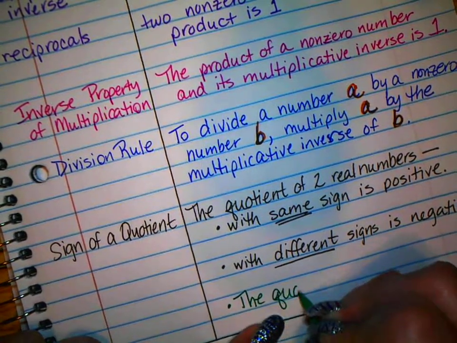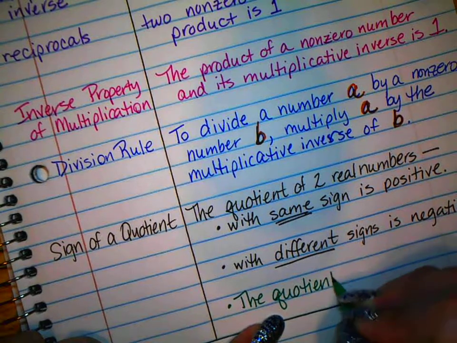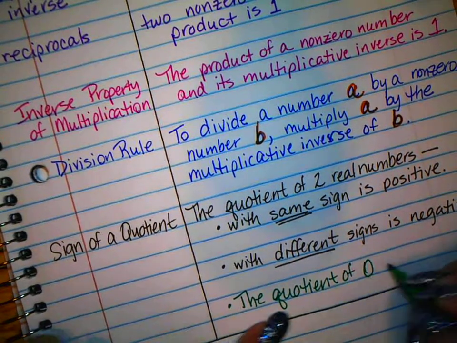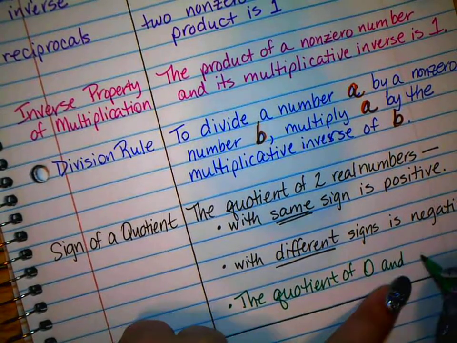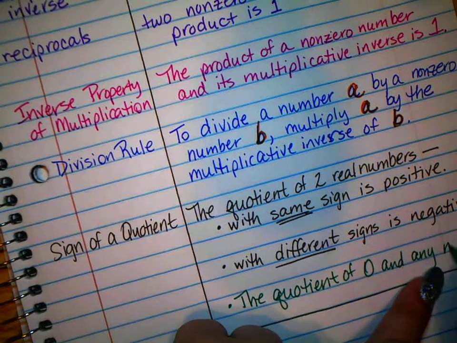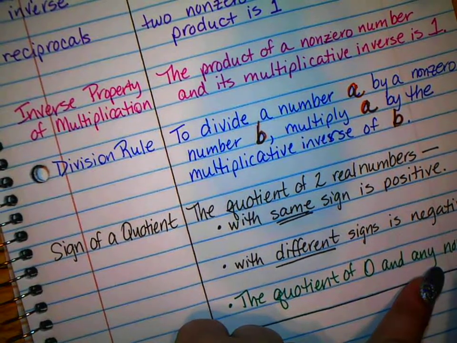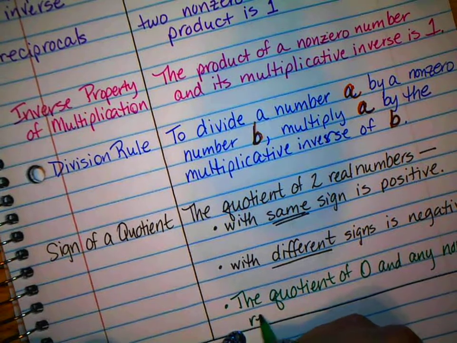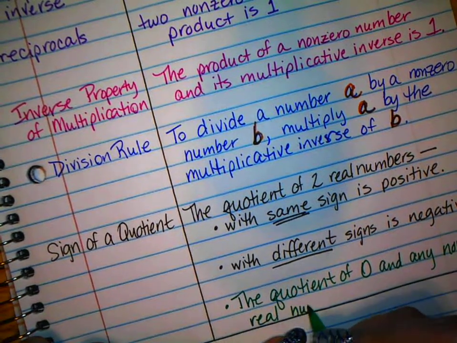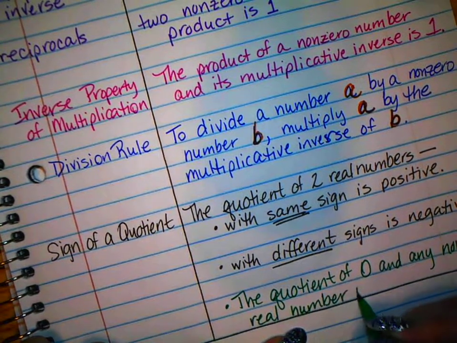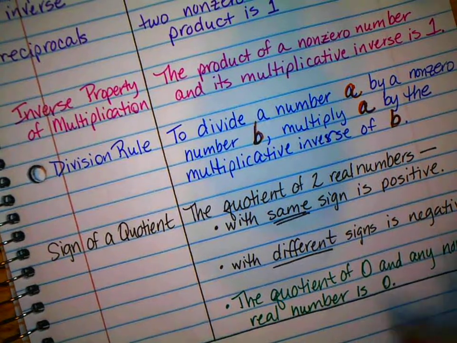Then you also have the quotient of 0 and any non-zero real number is 0.